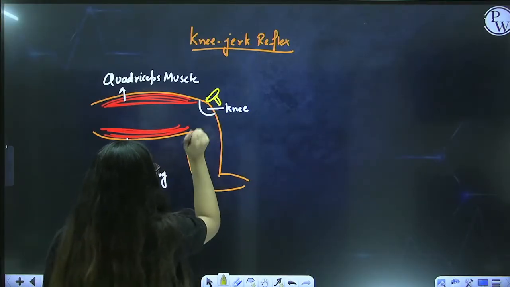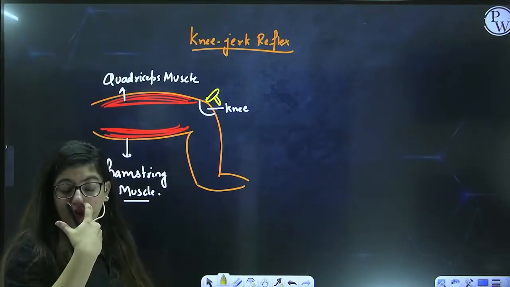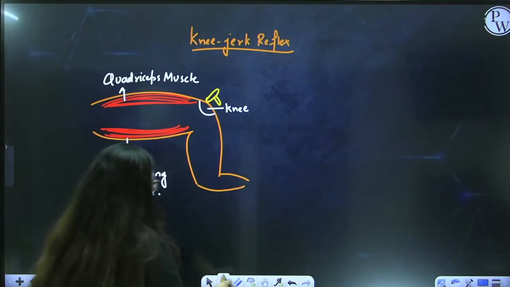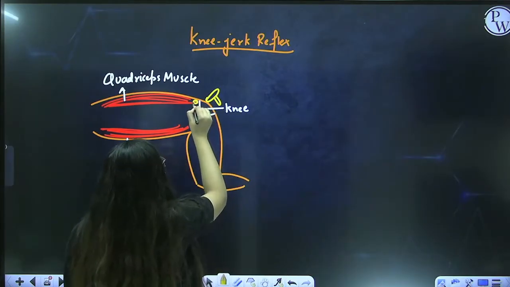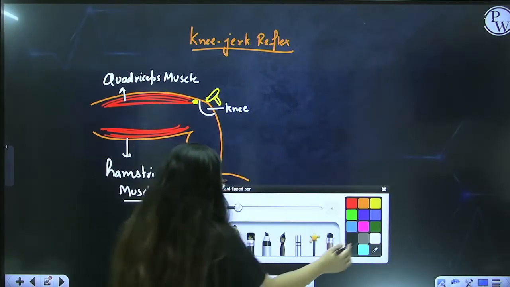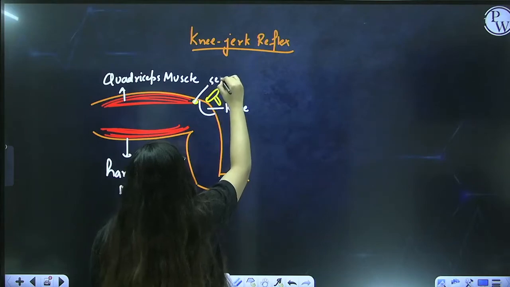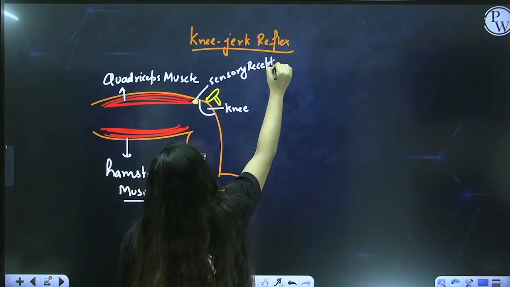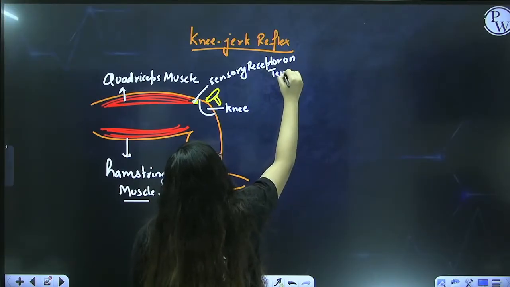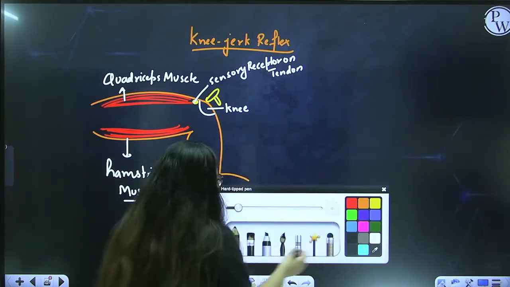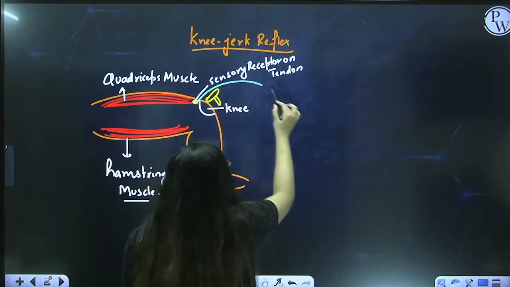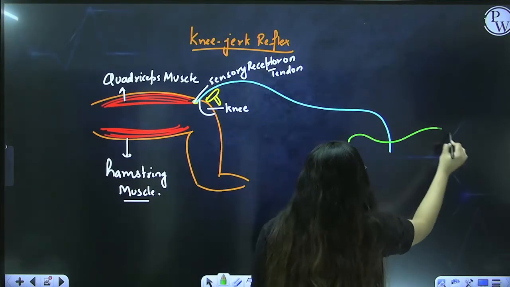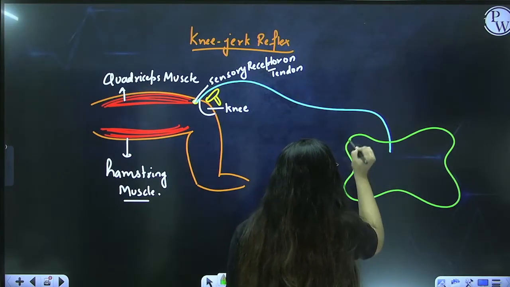So when the doctor strikes the hammer on the knee without telling the patient, there are sensory receptors present here, on the tendons. What are tendons? They connect bone to muscle. So these sensory receptors, via the sensory neuron, will send the impulse to the dorsal part of your spinal cord.